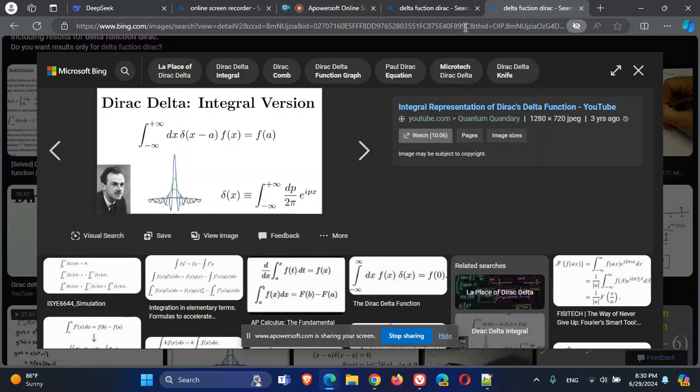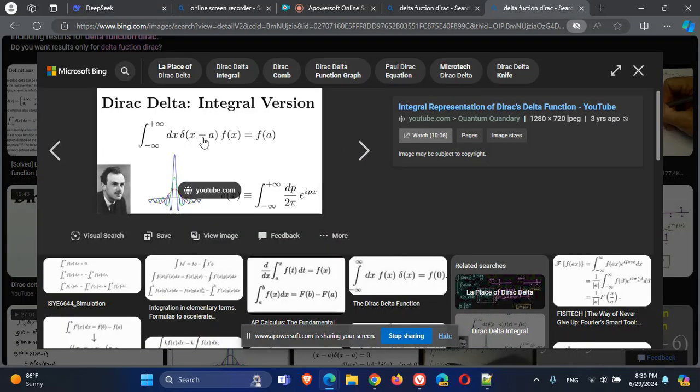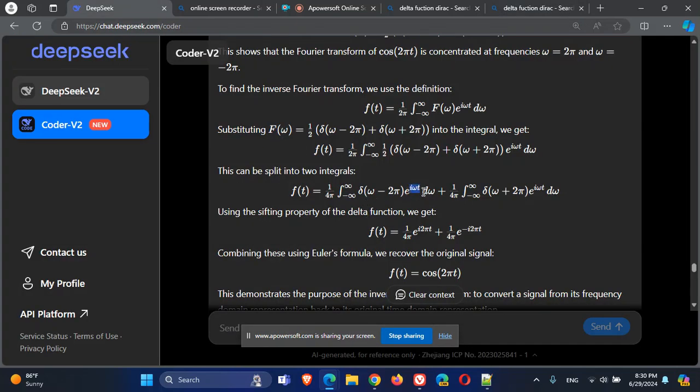So this exponential is a function of omega, and we integrate over omega. Here is the Dirac delta function, and the 2 pi is like the a in the formula. Therefore, we get the function here with 2 pi in our case.